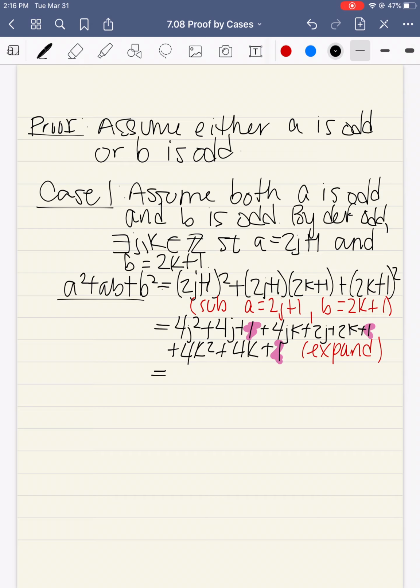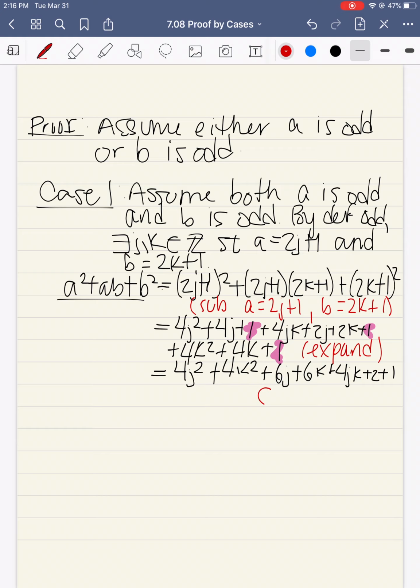I tend to rewrite these in the highest power order, so that's what I'm going to do here. So I get 4J squared plus 4K squared plus, I have a 4J and a 2J, so I get 6J plus 6K plus 4JK plus 2 plus 1.